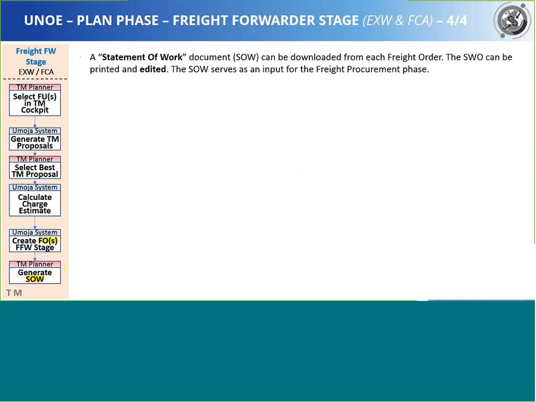This statement of work, the SOW document, can be downloaded from the freight order. It can be printed and edited offline in case you want to amend anything before you initiate the freight procurement. And as we said, it's the input for the freight procurement phase.